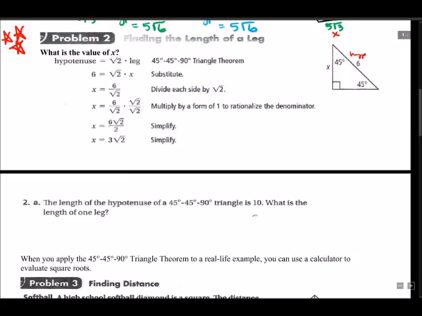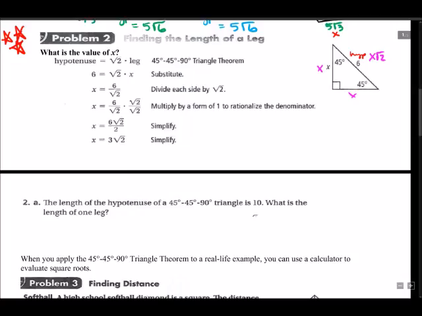First thing I'm going to do, x, x root 2. So what do I know here? I know that the length of the hypotenuse is the square root of 2 times the length of the leg. Well, 6 is the length of the hypotenuse. I just substitute that into my formula. Square root of 2, the length of the leg, is x.